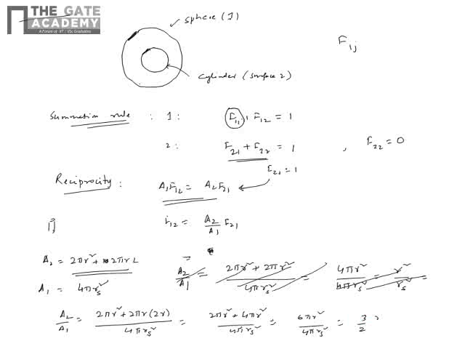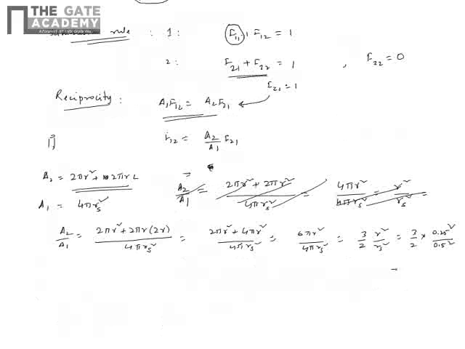So this becomes 3 by 2 times 1 by 4, which is 3 by 8.